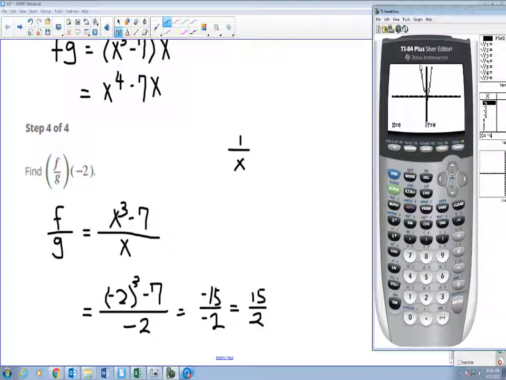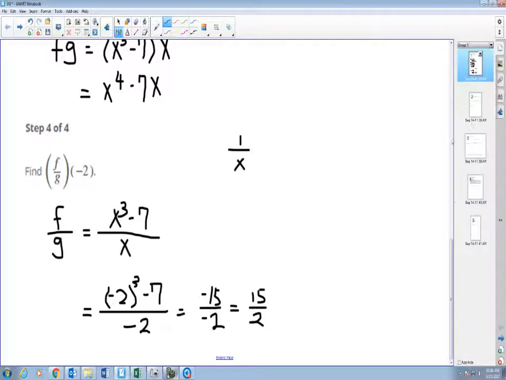There you go, it just looks like this, kind of a weird looking thing. I'm going to go back to my standard window. This picture is weird, and we'll talk more about these types of problems down the road.